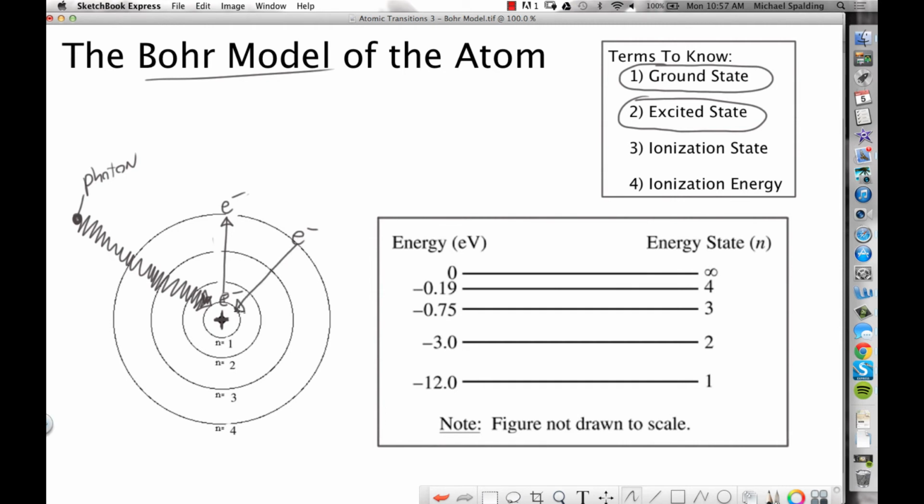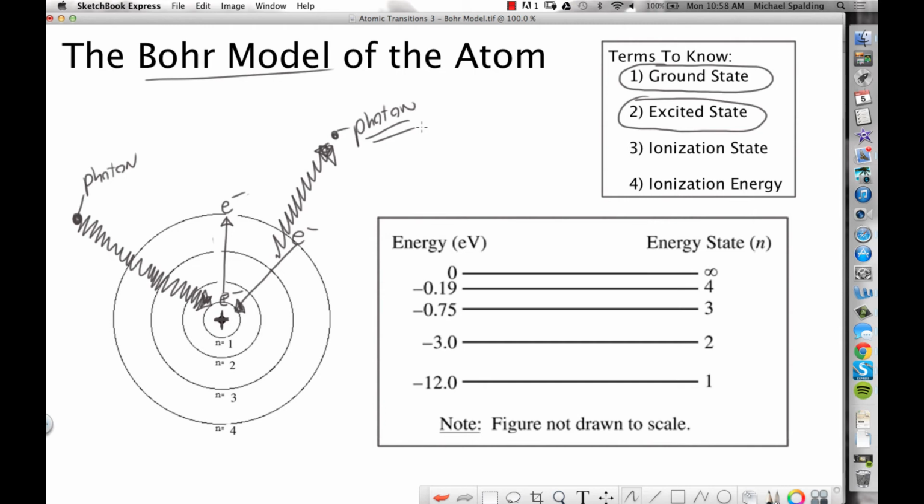Now, what's going to happen when the electron goes back to the ground state? Energy is going to be released. When that happens, energy is going to be leaving the atom in the form of what? A photon. Radiation. Photons are radiation, right?